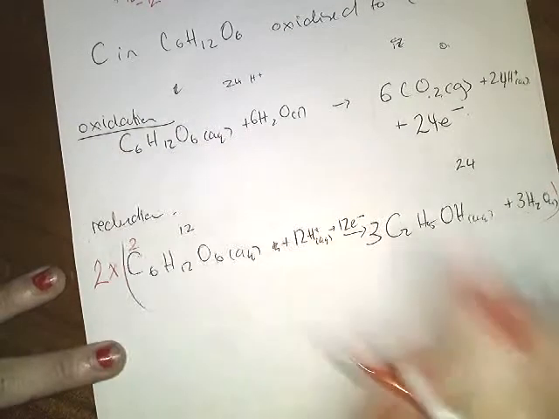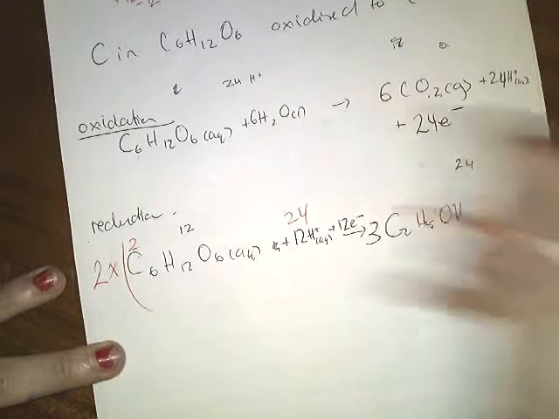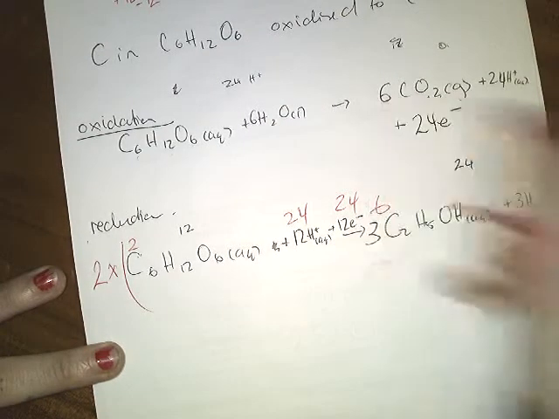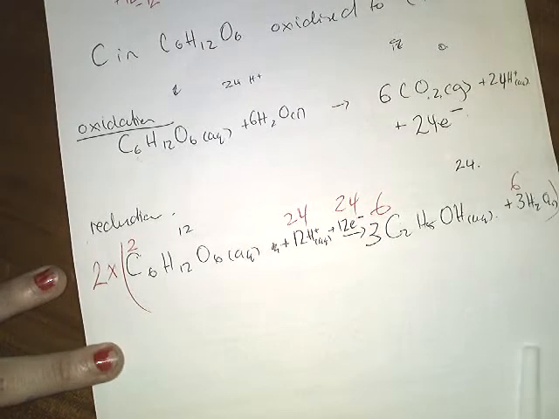So if we times it by 2, this will be 2, this will be 24, this will be 24, this will be 6, this will be 6.